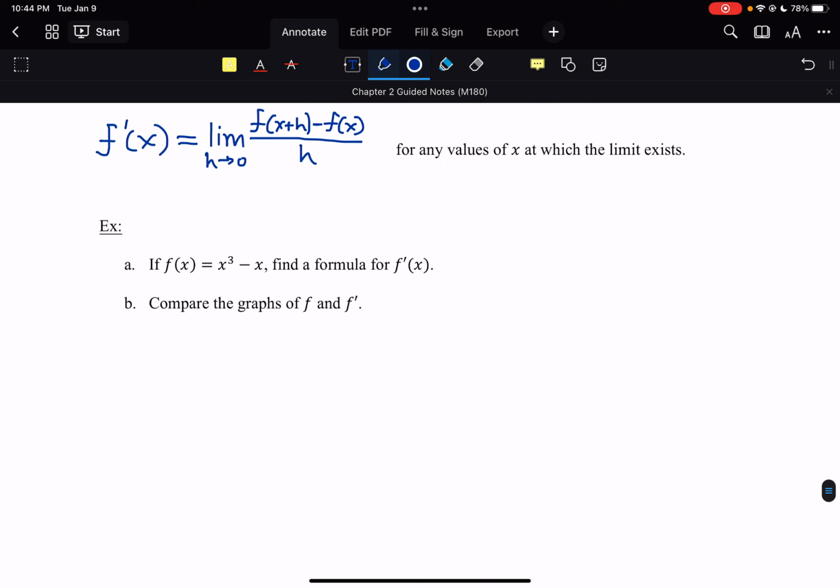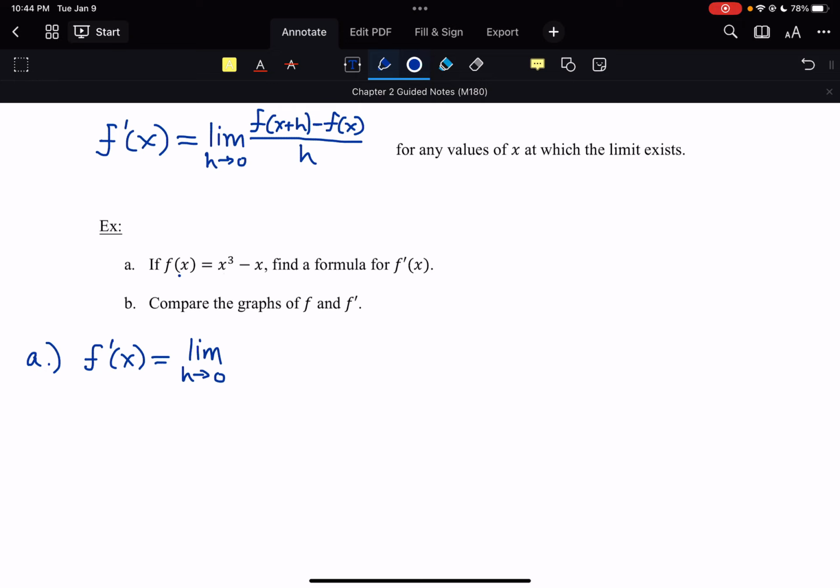If f of x equals x cubed minus x, find a formula for f prime of x, and then compare the graphs of f and f prime. So for part A, find the formula. f prime of x is the limit as h approaches 0.